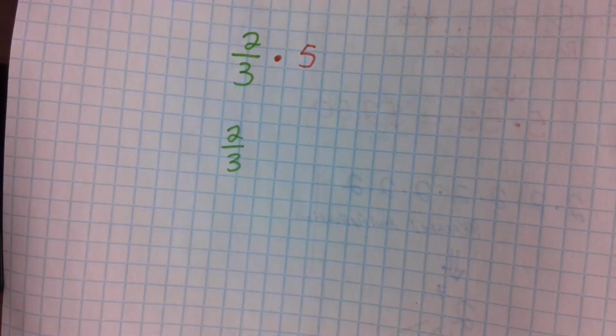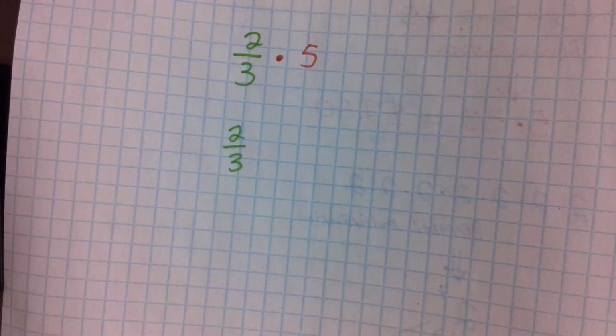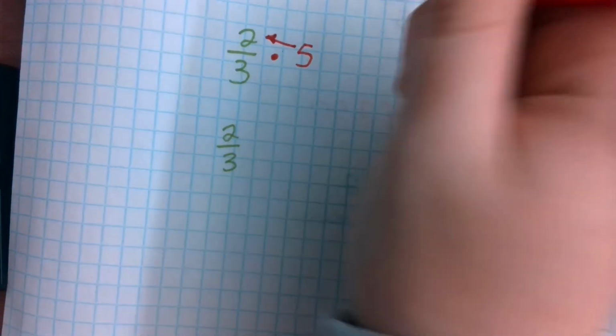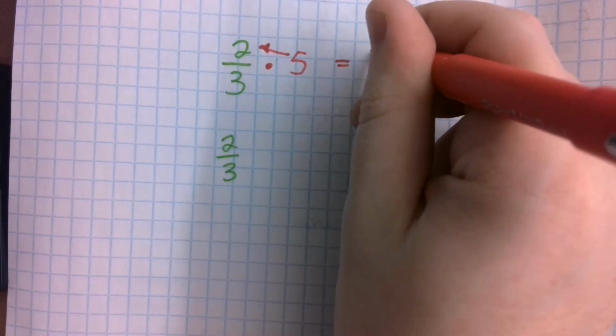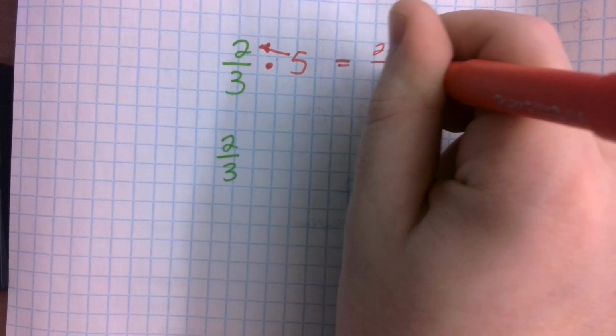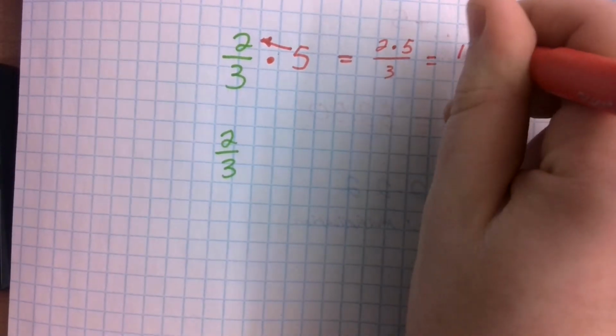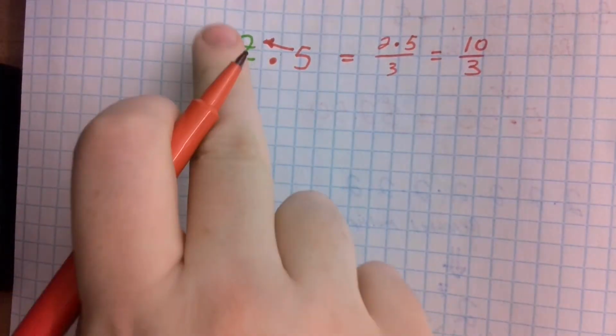When we multiply a fraction by a whole number, you're really just multiplying that whole number with the numerator. The denominator is going to stick around. 2/3 times 5 is the same as 2 times 5 over 3, or 10/3. See how we just multiplied 2 and 5?